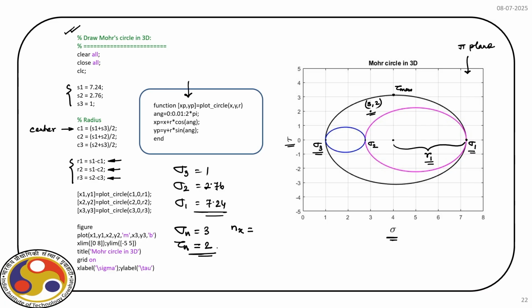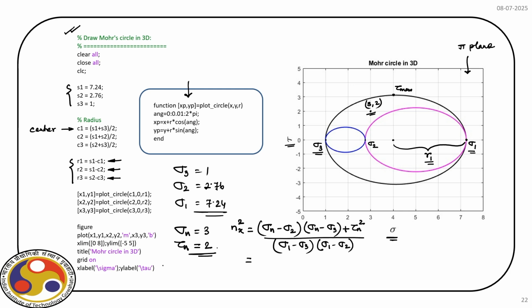So, that is nx square is (sigma n minus sigma 2) times (sigma n minus sigma 3) plus tau n square, divided by (sigma 1 minus sigma 3) times (sigma 1 minus sigma 2).